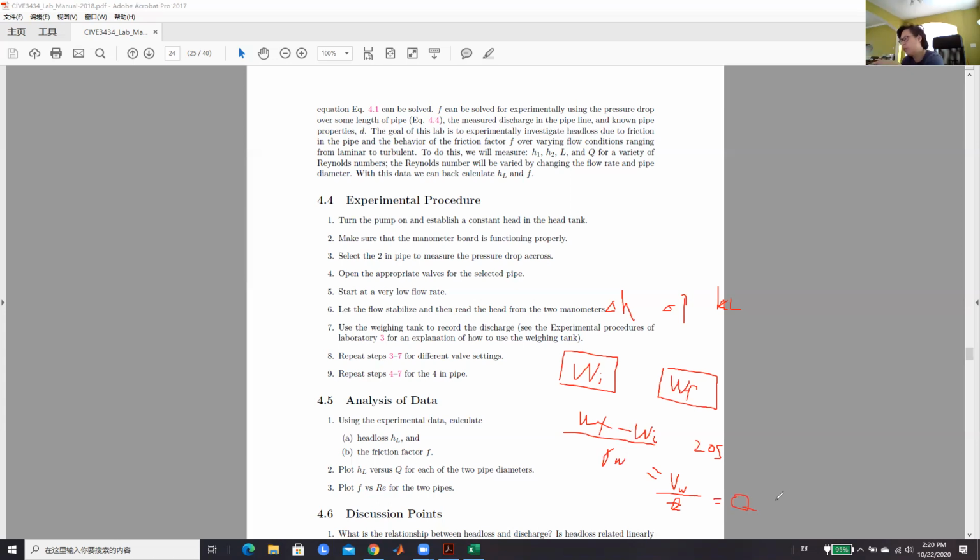From the flow rate, get your V. Then plug the head loss and the velocity into the Darcy-Weisbach equation.